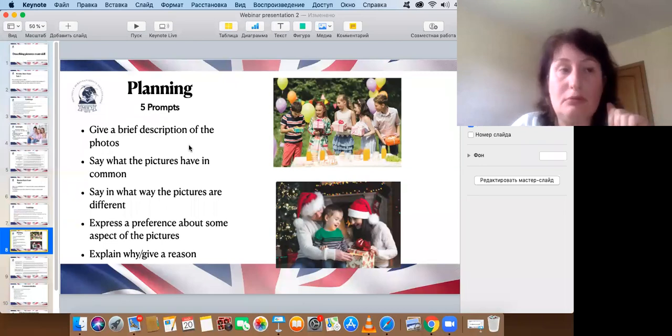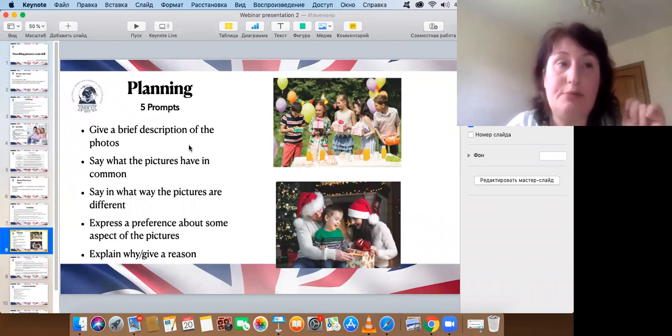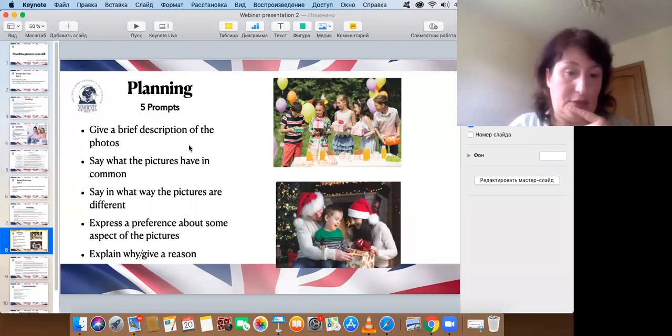For example, in some tasks they say, say which way of learning presented in the picture you'd prefer. If you say I prefer instead of I'd prefer, it means that you didn't understand the communicative task. Therefore this aspect is not considered to be solved, and you will be given less marks for this answer.